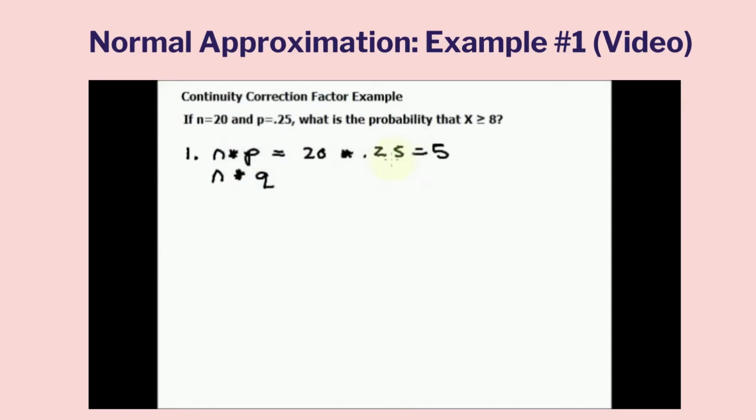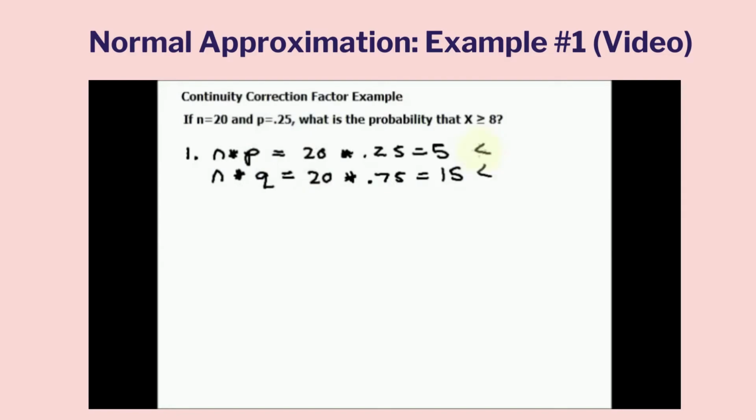If my p is 0.25, then my q is 0.75. So n times q is 20 times 0.75, which equals 15. Now the continuity correction factor says that if n times p and n times q are over 5, then we can use the continuity correction. These are both over 5.